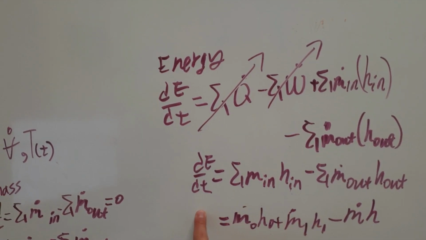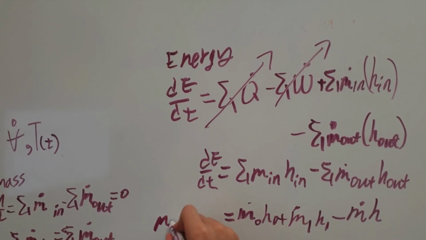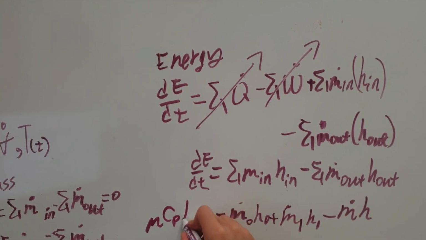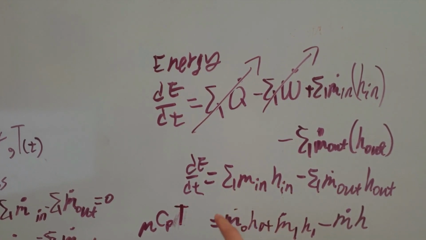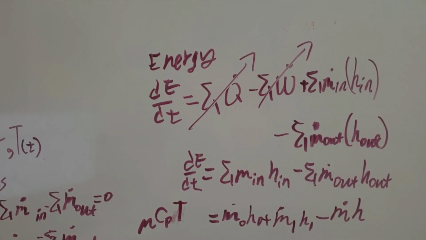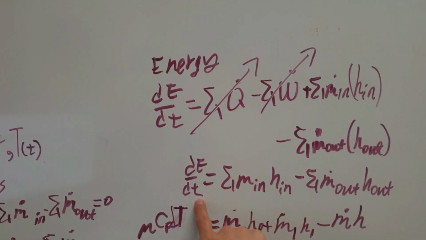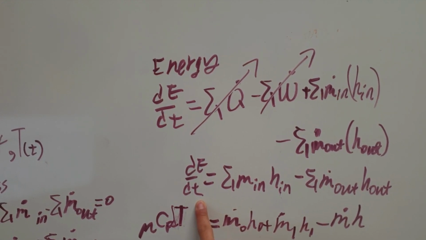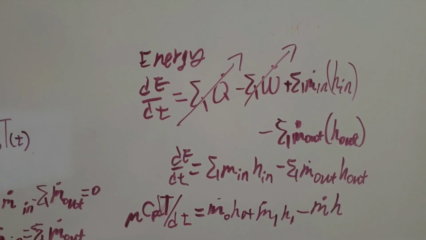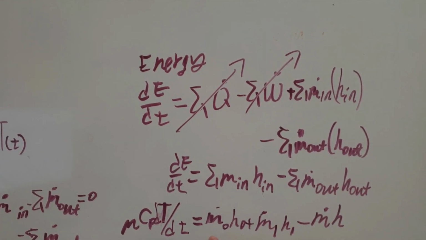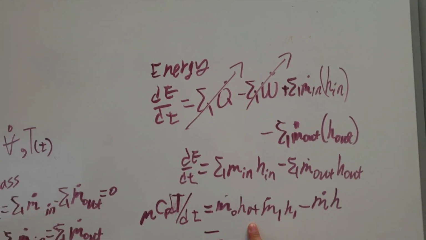We can also change the left side from d over dt. Since energy is equal to m cp T, and we're talking about the change of energy, it's going to be m cp dT over dt.